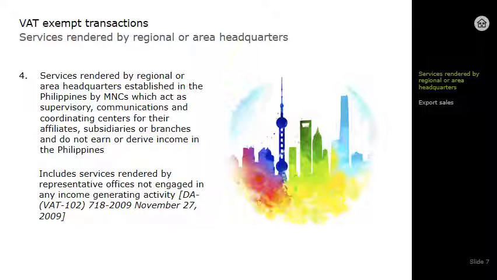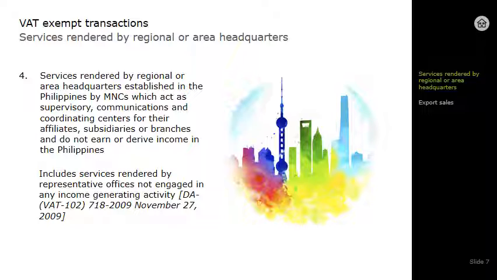You would recall this in your Tax 1. These are the special corporations na special resident corporation na regional operating headquarters. They are subject to 10% income tax, no? And then yung regional area headquarter, they are not subject to income tax.